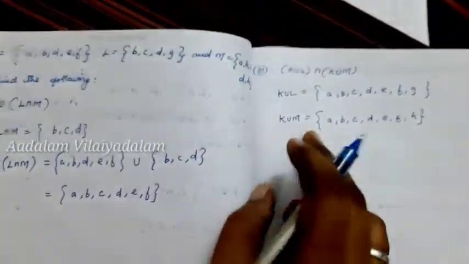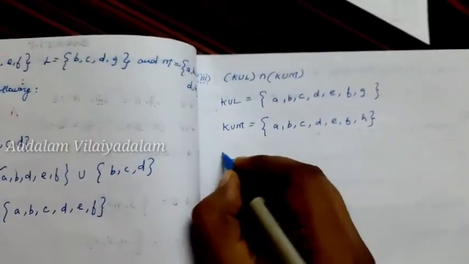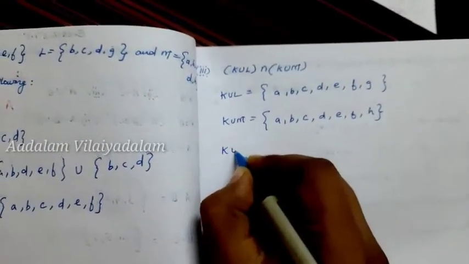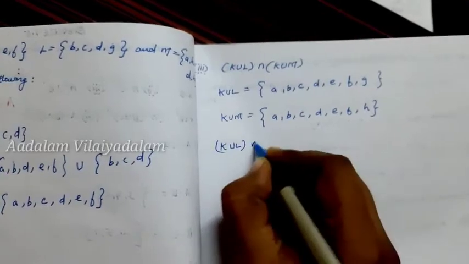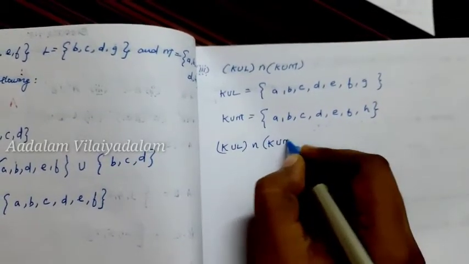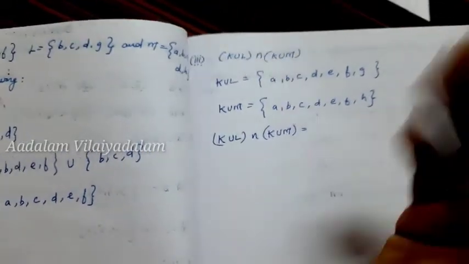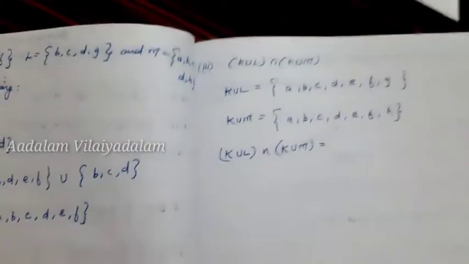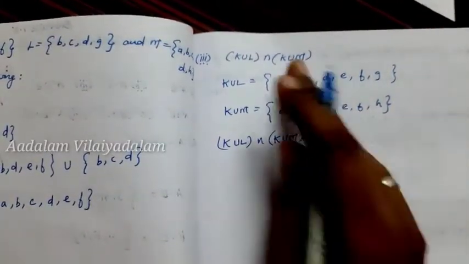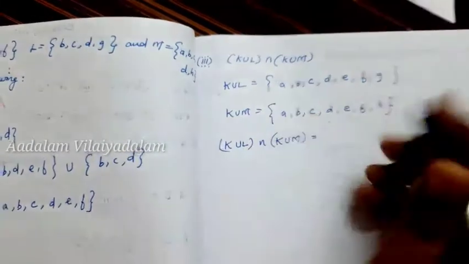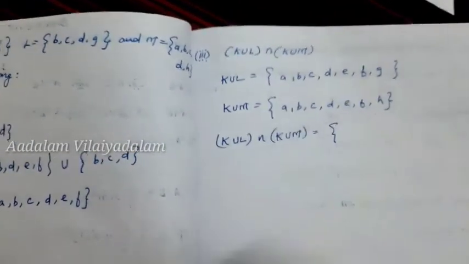Now we need to find K union L intersection K union M, that is the common elements between K union L and K union M. So shall we find?